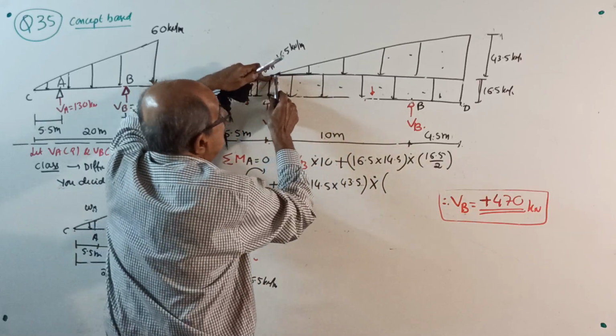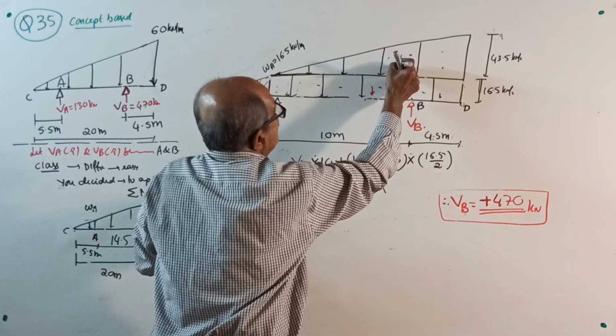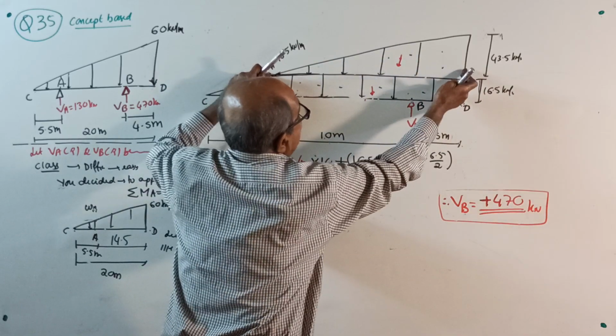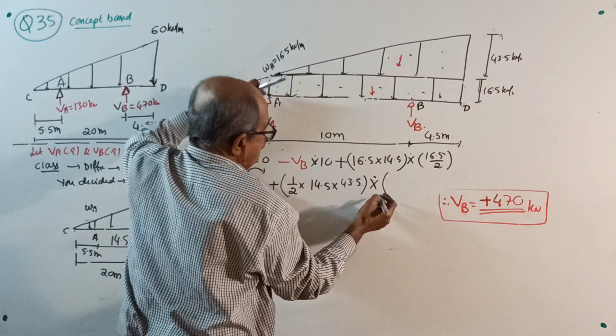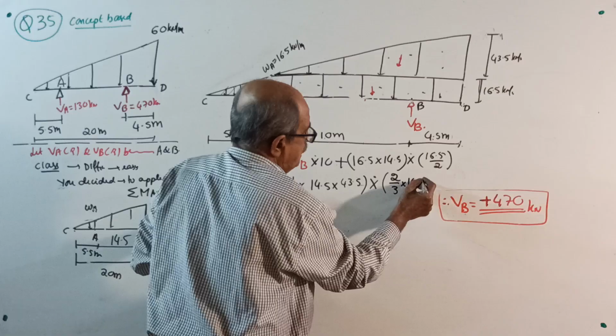Multiplied by, see this total load, this is 14.5, it will pass somewhere here. This is 2 by 3, that is 1 by 3. From here, 2 by 3. Be careful, which is 2 by 3. 2 by 3 of 14.5.